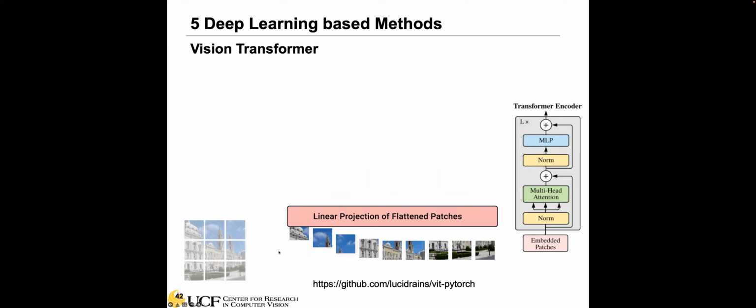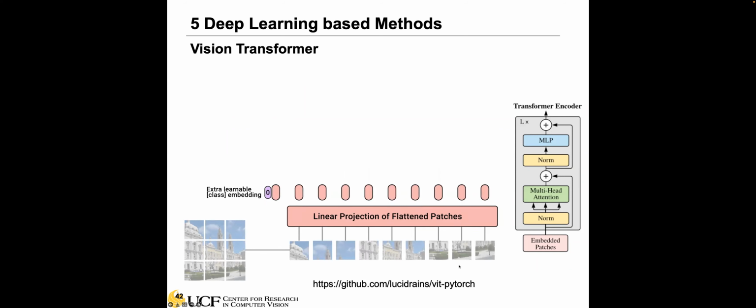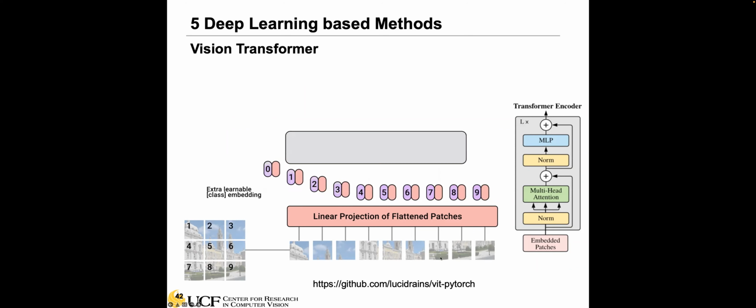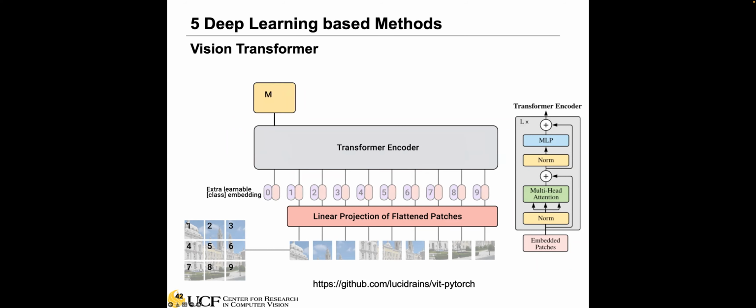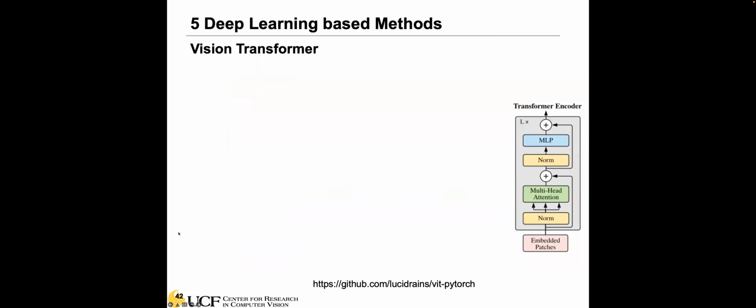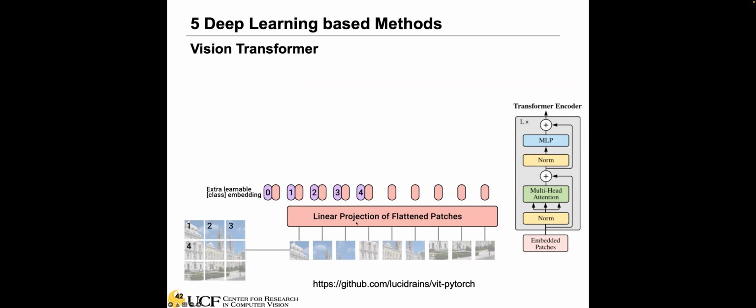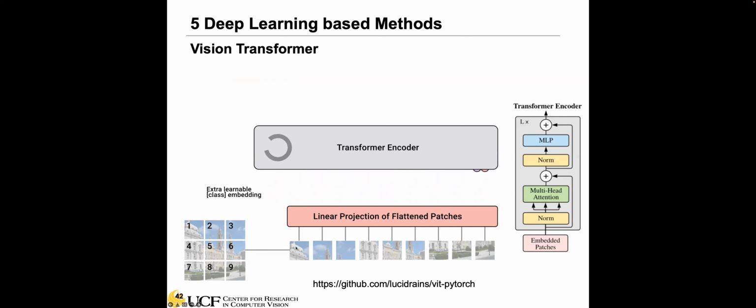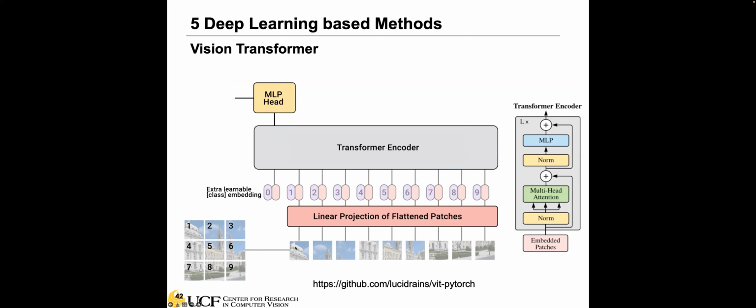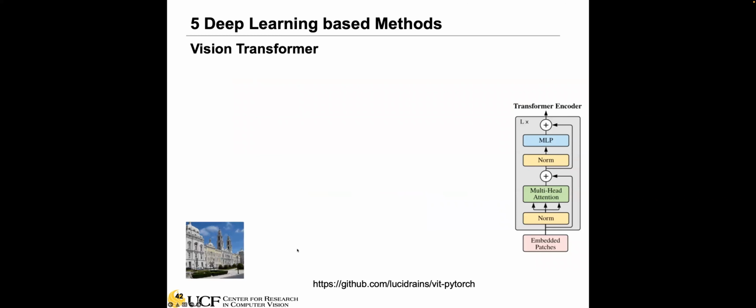Then each patch is used as input. We could use individual pixels, but it would make the computation intractable. If we have a high-resolution 4K image, you can imagine how many inputs we would have going through this entire network. So for the sake of computational efficiency, we use a small patch as a unit.